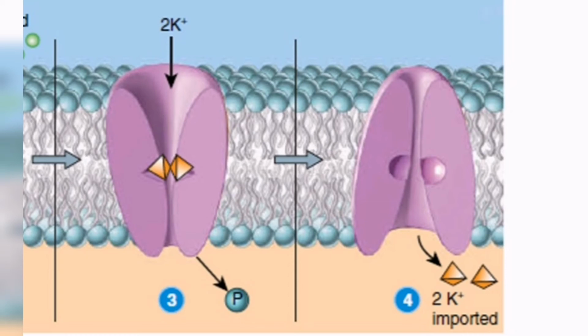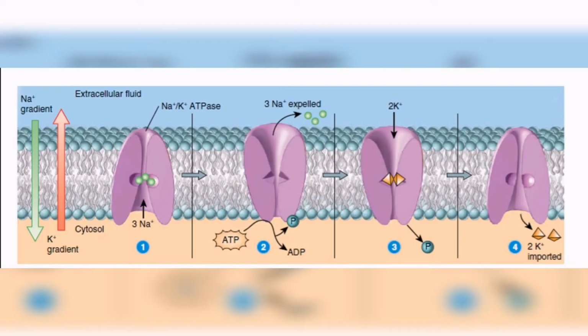This release of the phosphate group causes the pump to return to its original shape, which moves the potassium ion into the cell.